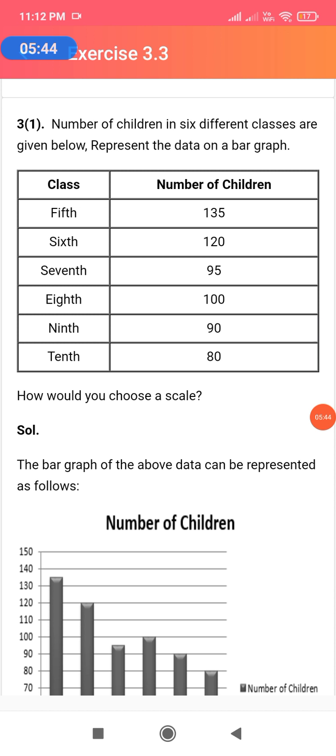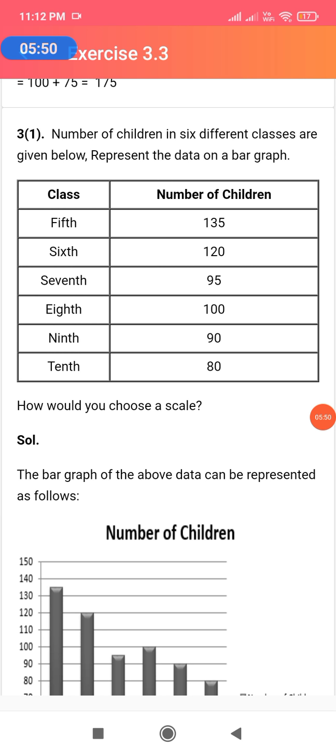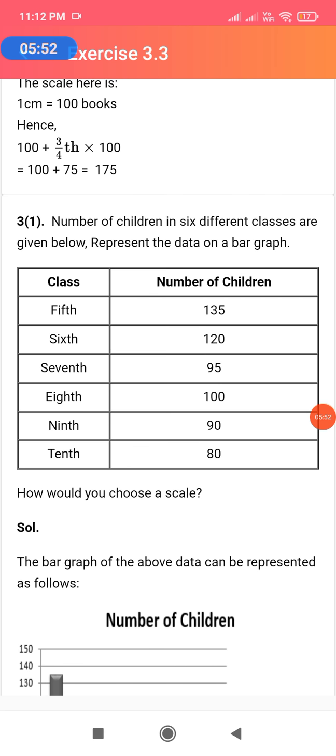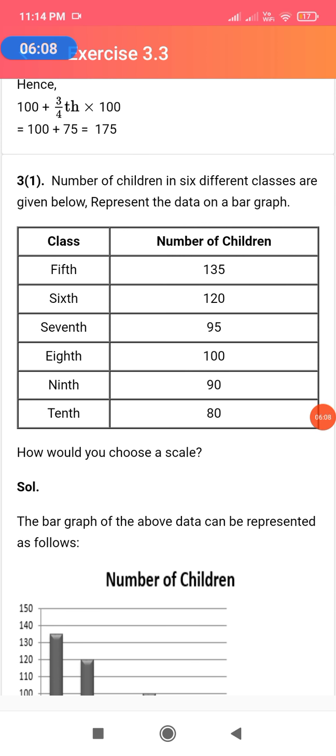The number of children in 6 different classes is given below. Represent the data on a bar graph. We have this particular chart here. I will take a sample graph and tell you how you draw a graph. In this question, these are the classes: 5th, 6th, 7th, 8th, 9th, 10th.